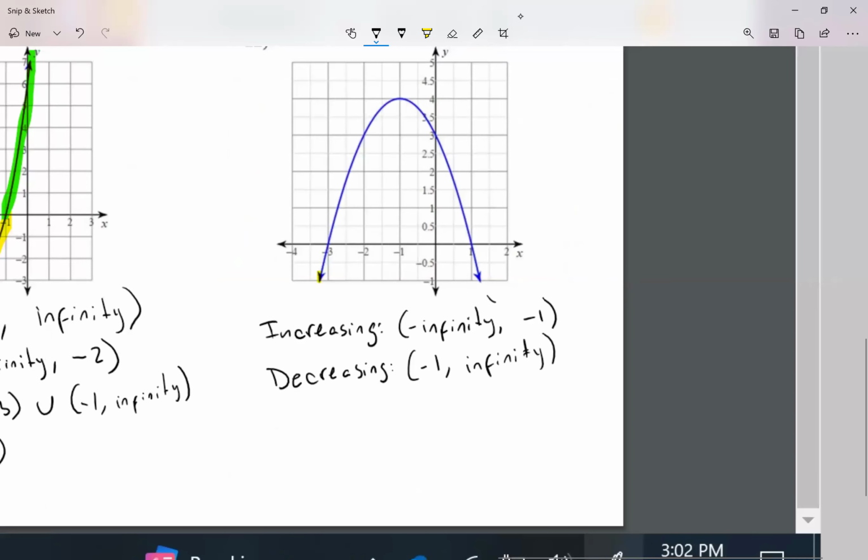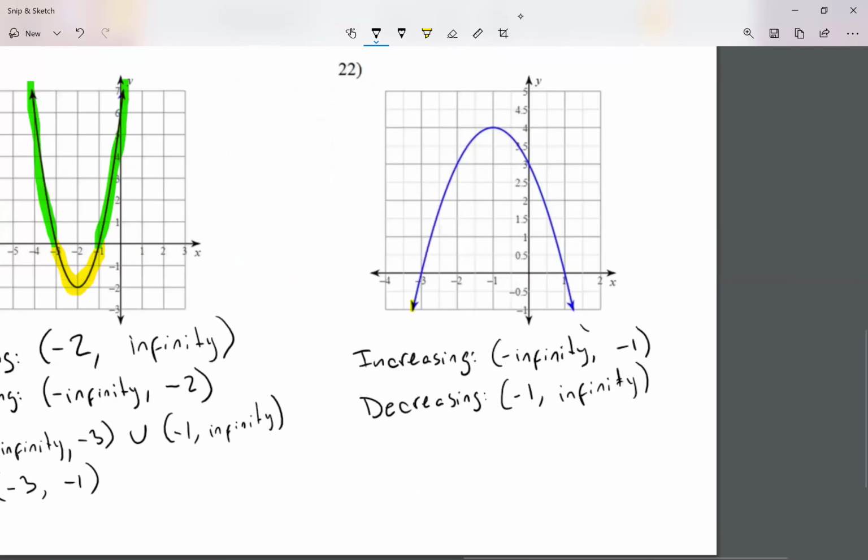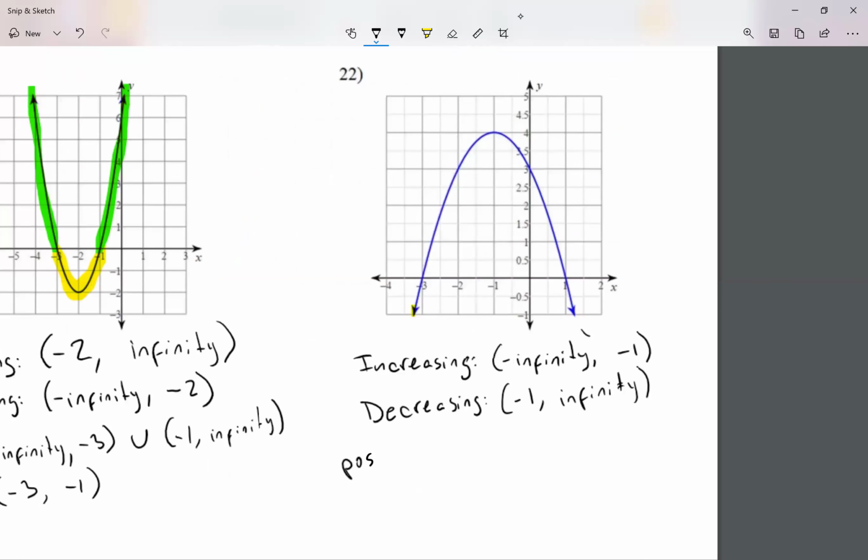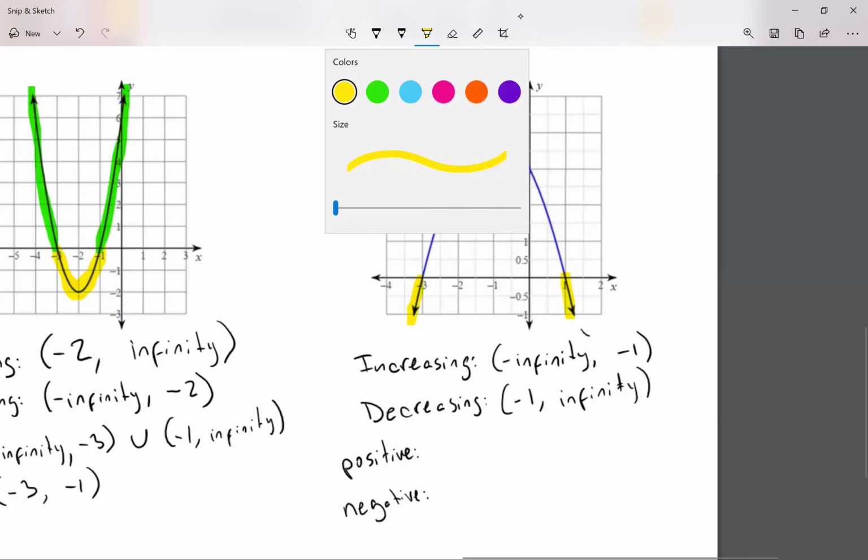Let's take a look at number 22. I'm going to ask, when is this positive? When is this negative? Okay, so remember, I'm using yellow for when it is below the x-axis. So here and here, two intervals. When is this positive?